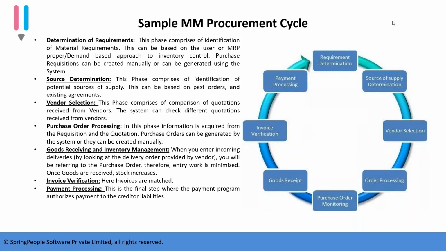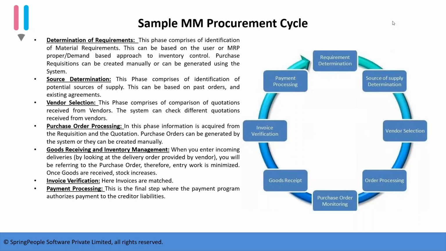Wherever the materials are required, they should inform the purchasing department that they need this kind of material, of so much quantity, on so and so date, and at this particular location. Now this particular information is called a purchase requisition in SAP.